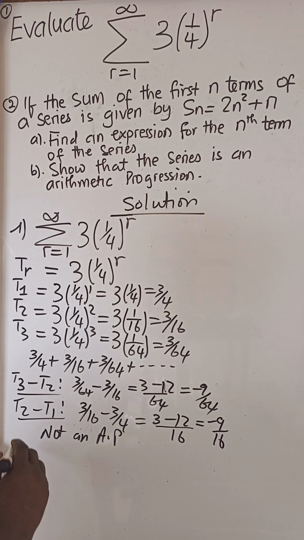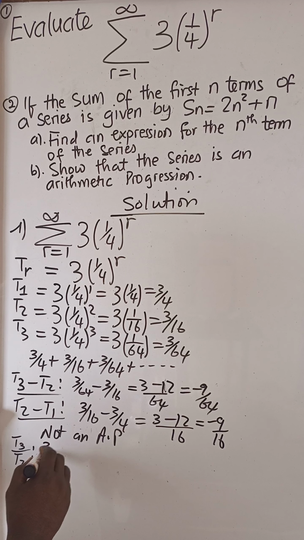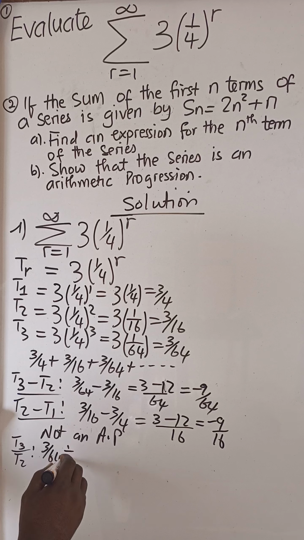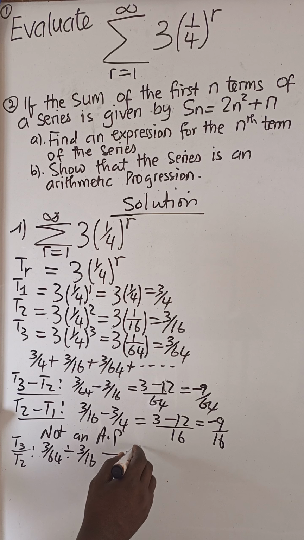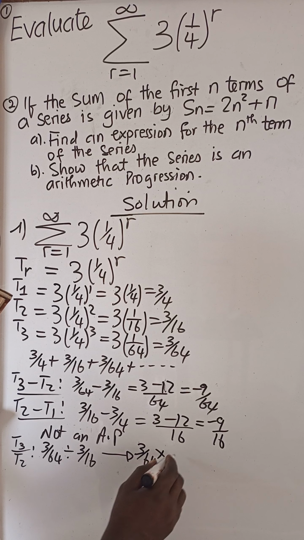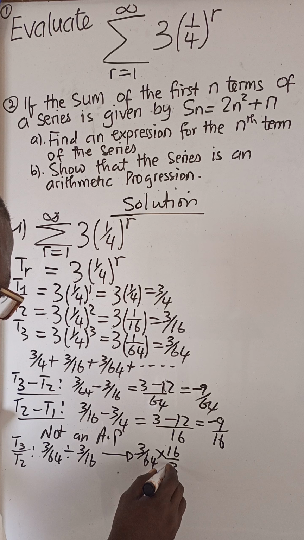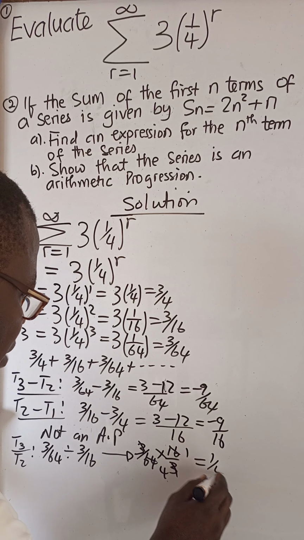Now, if we check the other way around, T3 divided by T2, to check if it's a GP: 3 over 64 divided by 3 over 16. We maintain the first fraction, 3 over 64, change this to multiplication, invert this. So now the 3 cancels, 16 over 64 is 1 over 4. That gives us 1 quarter.